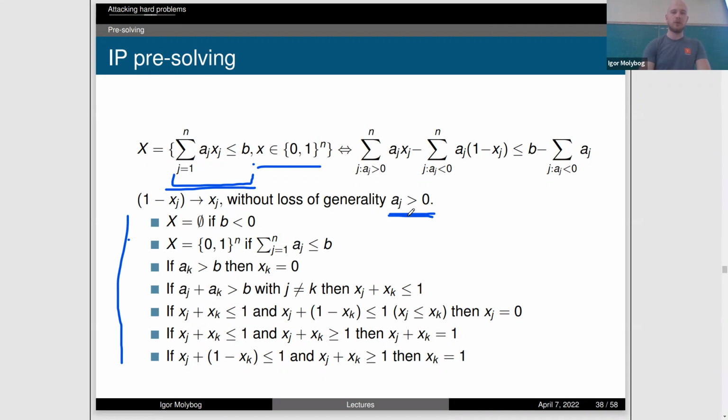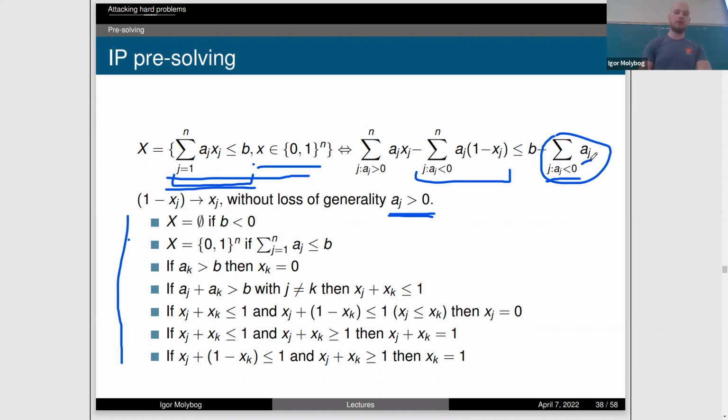Because we can add to and subtract from both sides of this inequality the number sum over all j such that aj is less than 0 of aj.